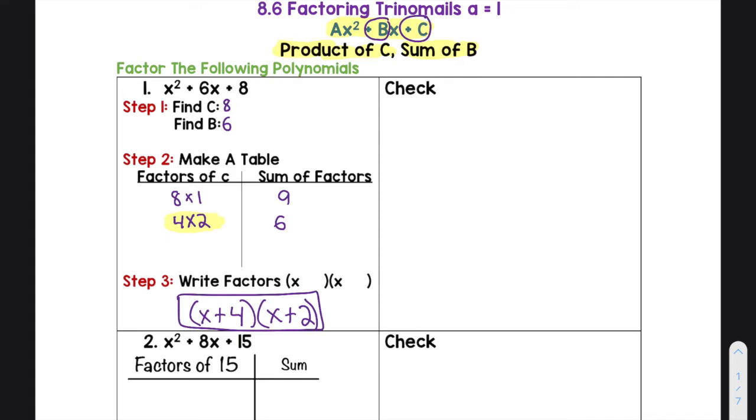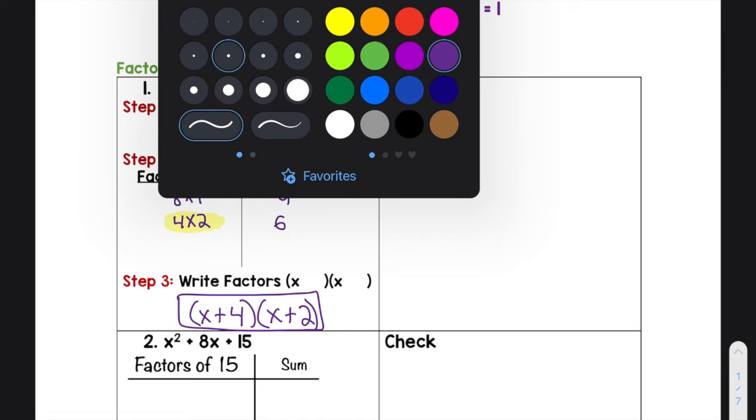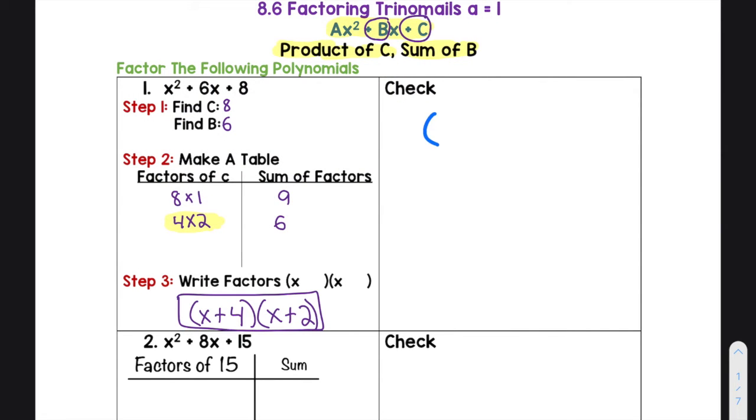Over on the right-hand side, we are going to check our answer. We're going to multiply x plus 4 times x plus 2 to make sure that when we do multiply them, their product is our original expression, x squared plus 6x plus 8.